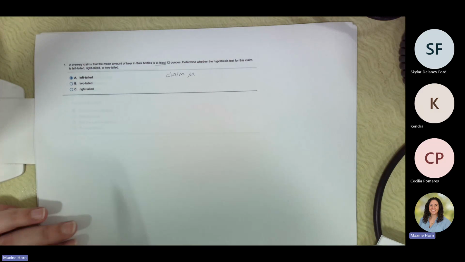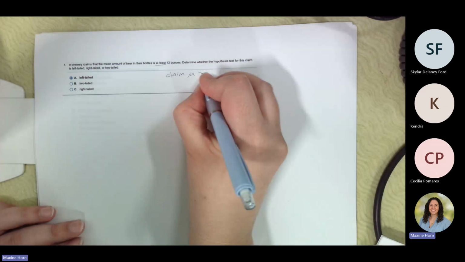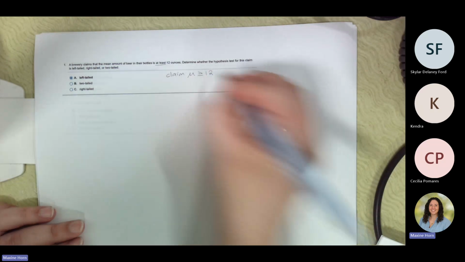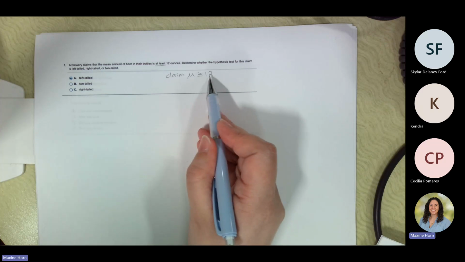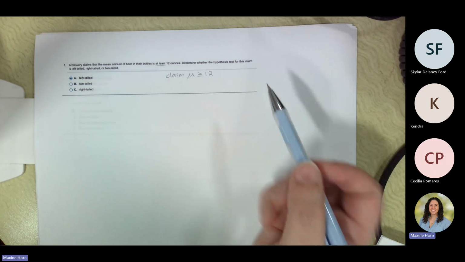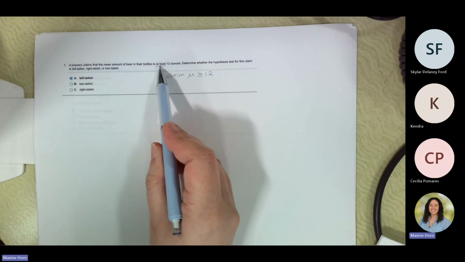At least means greater than or equal to 12. Make sure you're comfortable with all the different ways that you can describe greater than or equal to. You could say 12 or more, you could say at least 12, but you want to be comfortable taking the language and turning it into the symbols.